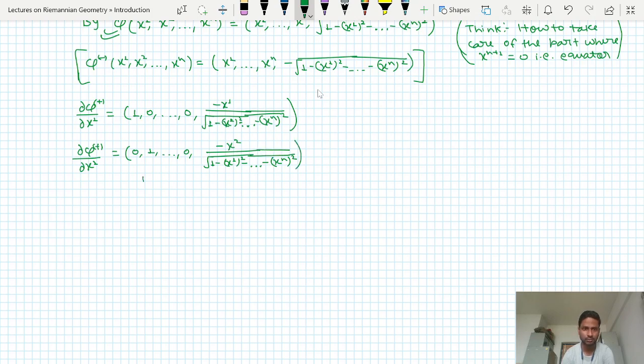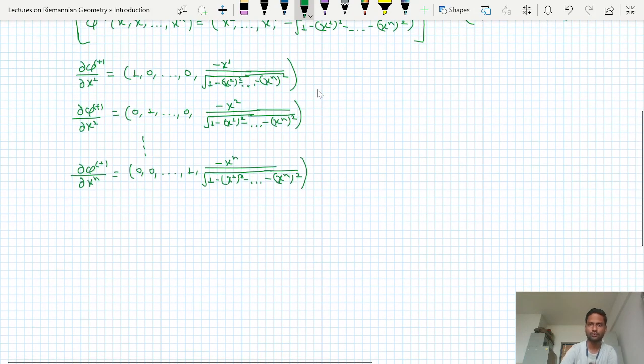So similarly, you can see that del phi plus over del xn will be 0, 0 up to and so on, 1, and minus xn over the square root of 1 minus x1 squared minus up to and so on minus xn squared, right? That's what you will get.